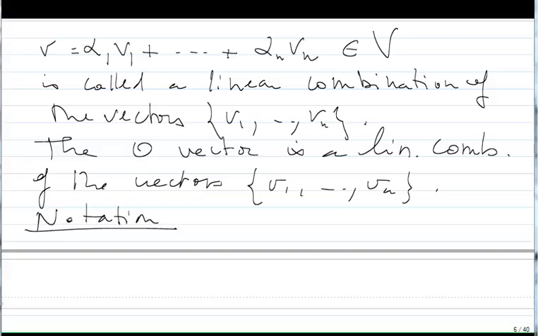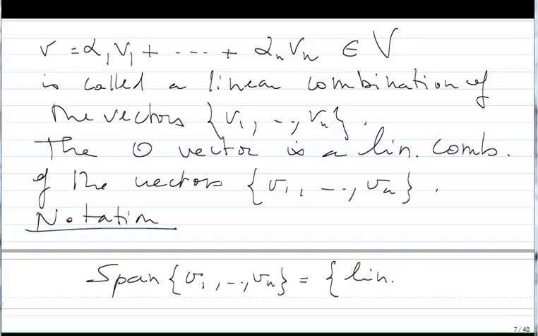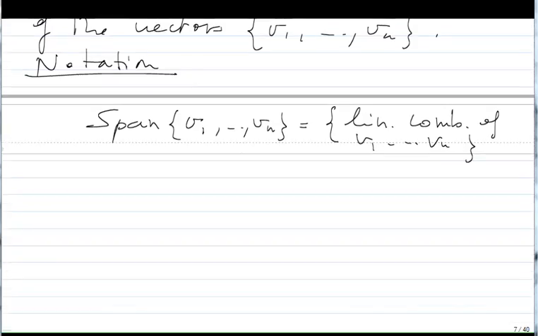Okay, let us write the span of v1, ..., vn to be the set of all linear combinations of v1, ..., vn. In fact, we can extend this.